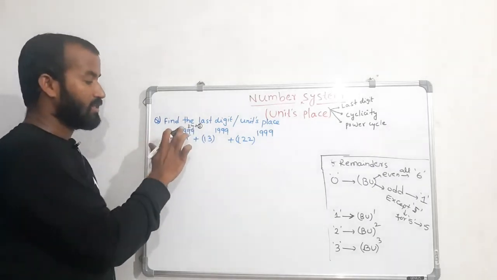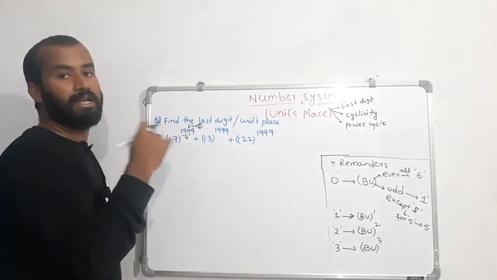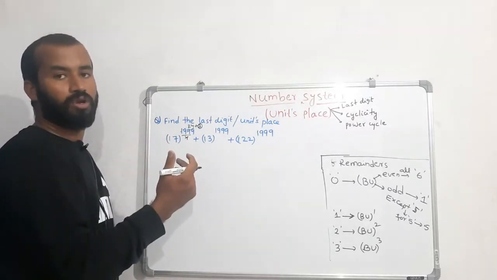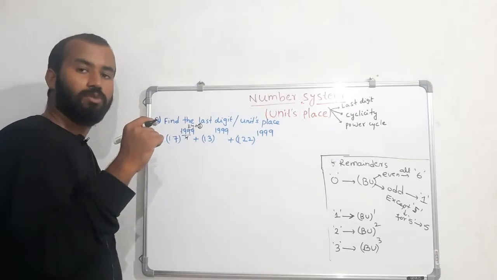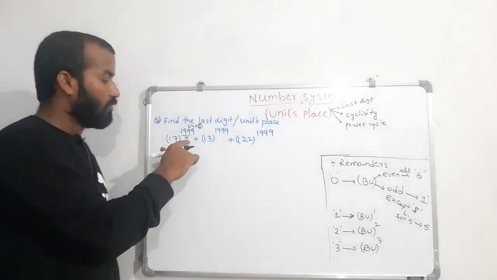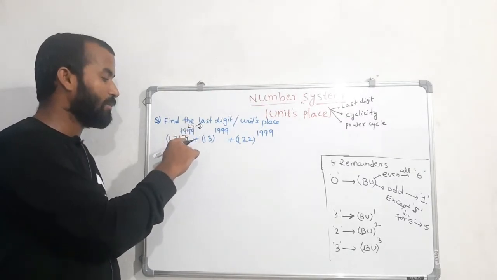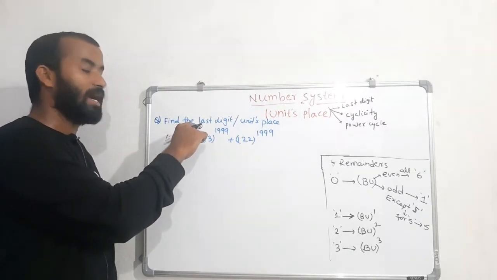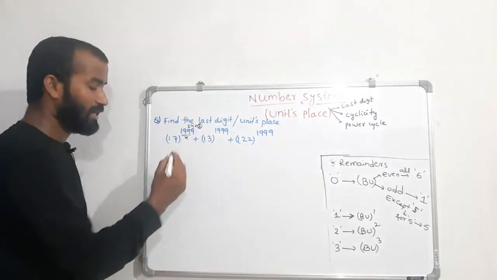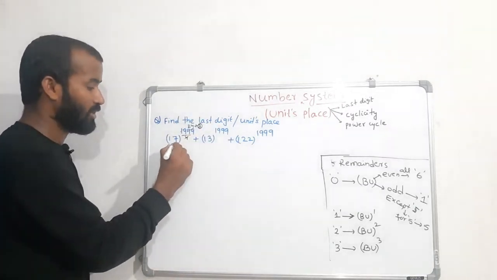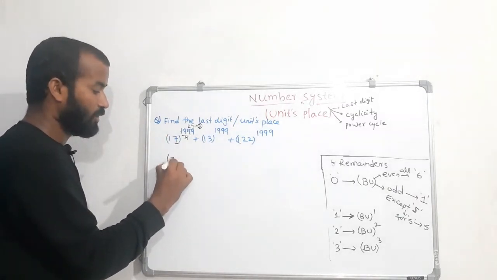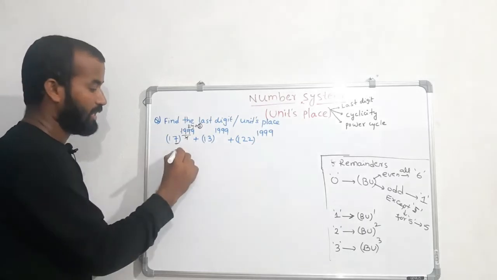Okay, I am taking last two digits 99, I am dividing with 4, so I am getting 24 and remainder as 3. Okay, when remainder is 3, what we have to do? Base unit. Base unit is what? 7 will be the base unit. Okay, 7 power base unit power 3.